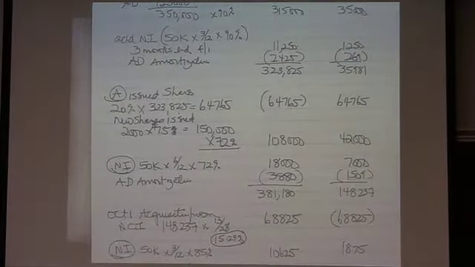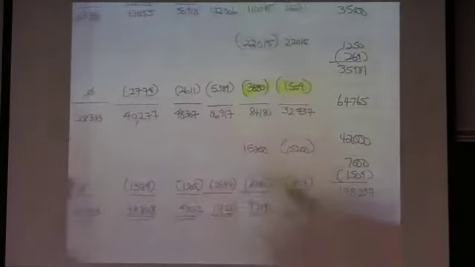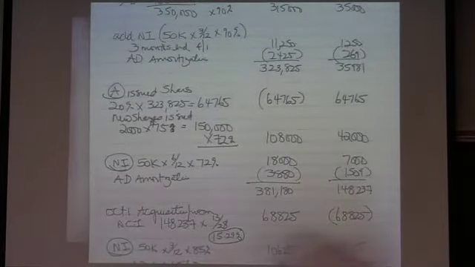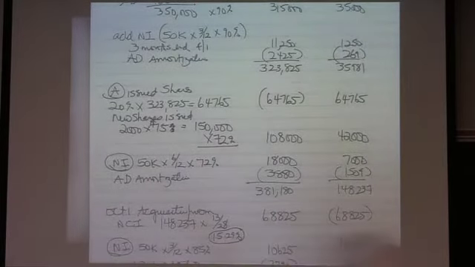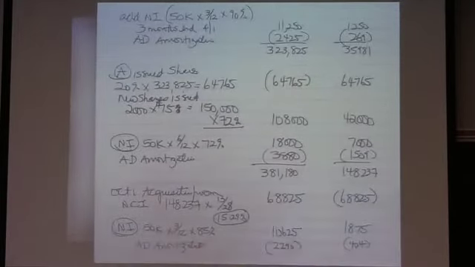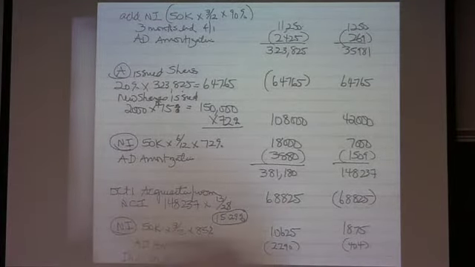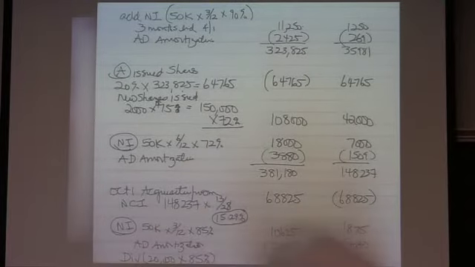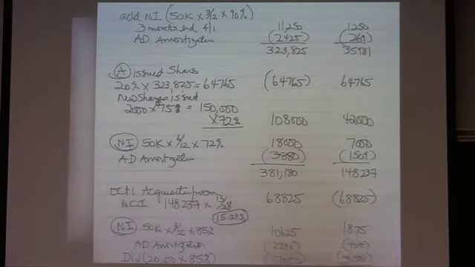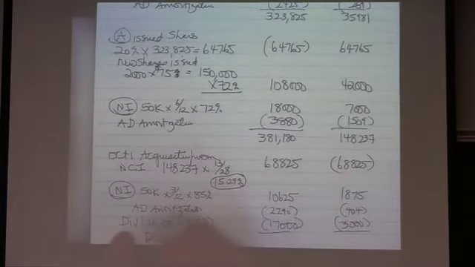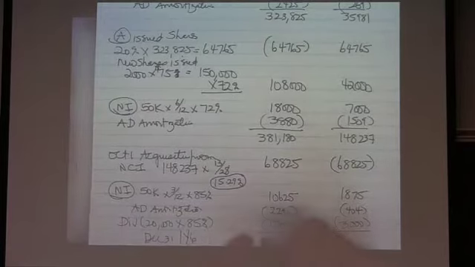The AD amortization, we saw 2290 and 404. And then don't forget the dividends. We're going to assume the dividends were declared at the end of the year, so now we own 85% of that, and that's 17,000. So quite a long reconciliation. And this is the December 31st, year 6, investment balance under the equity method.